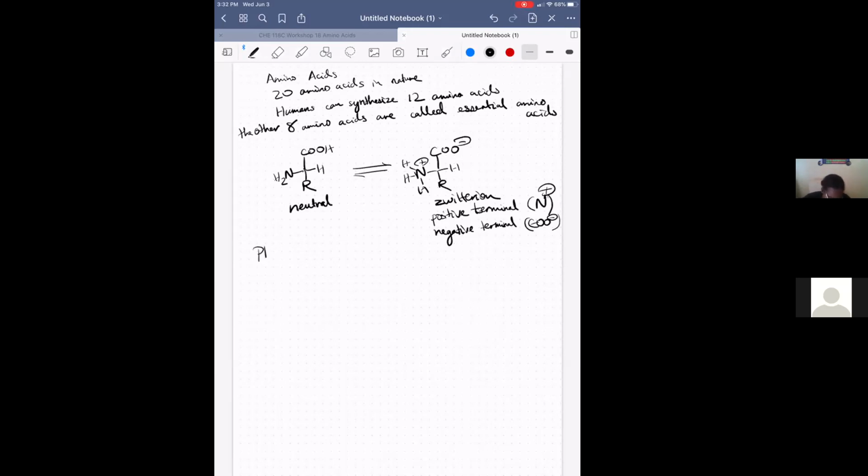What determines the amino acid structure in aqueous solution, in water, is our pH. So pH determines amino acid structure. If we think of a simplistic amino acid, with N, CH2, COOH, we can get a positive charge on our nitrogen, and this will be the form that is predominant at low pHs.